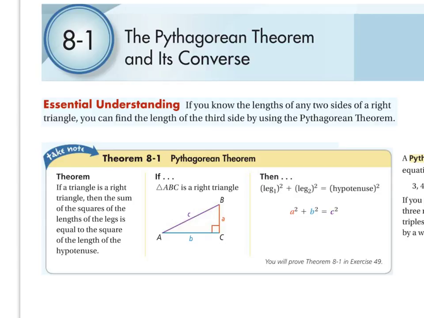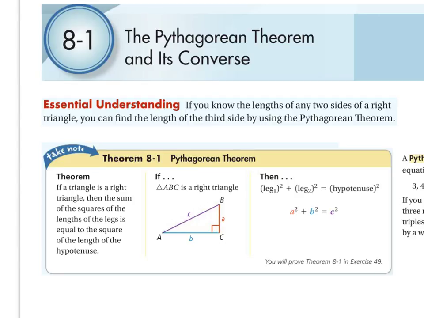We have the two legs here. It doesn't matter which number you plug in for which leg. Okay? Which value is A versus which value is B, that doesn't matter. The one thing that does matter in the Pythagorean theorem is which value you're plugging in for the hypotenuse. C always has to be the hypotenuse. C is always the longest side. The two legs, it doesn't matter which one's A, which one's B. But C has to be a specific value.